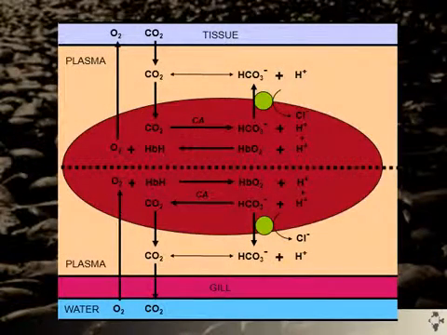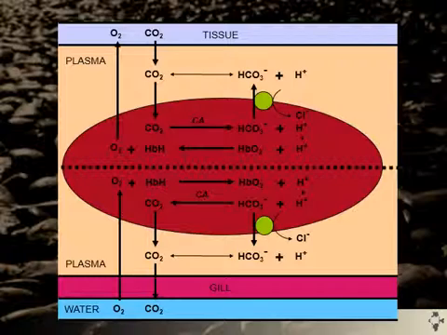Okay, so this next figure is a little bit complicated, so we're going to step through it. This is essentially the chemical reactions that are involved in oxygen uptake at the gill, as well as CO2 offloading at the gill, and then ultimately the reverse processes at the tissues.